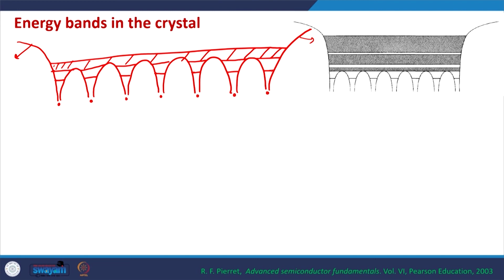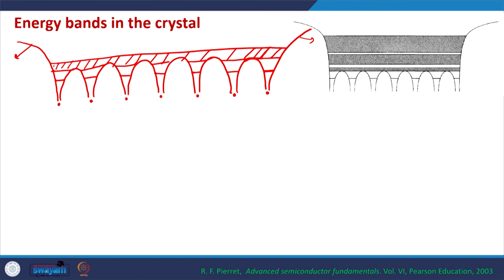If the energy of the electron is less than this U naught value, it will have almost a discrete energy level. If the energy E of the electron is greater than U naught, which is the peak of this potential period, then there will be a range of energy values which is allowed and a range of energy values which will be disallowed.